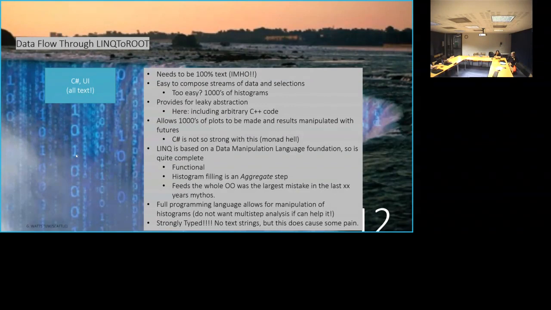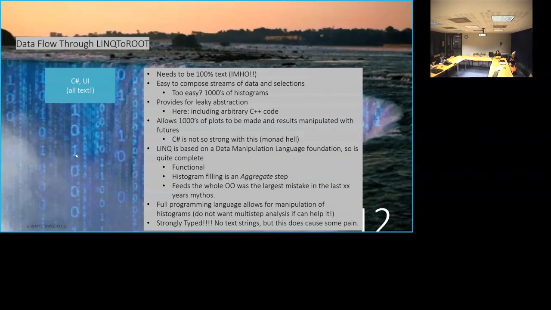But my experience led me to the conclusion that actually we want a DSL that's embedded in a full-blown programming language. So I settled on C# because when I started this project 6 or 7 years ago, it was the only language out there that had enough power to do this.